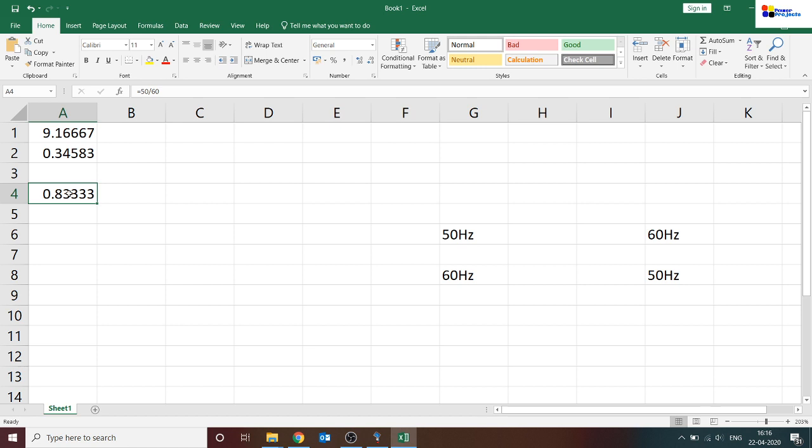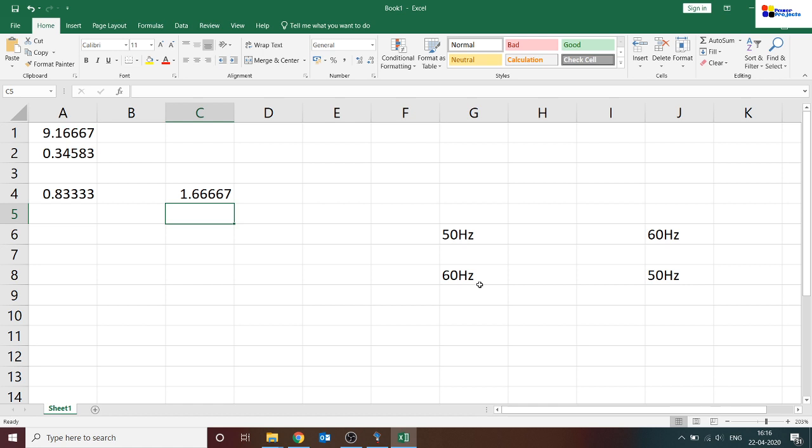And this also will have an impact on your rating. That means a 2 MVA transformer of 60 hertz, if you want to use it at 50 hertz, the rating also has to be derated to 1.66 MVA. So I think that's clear.